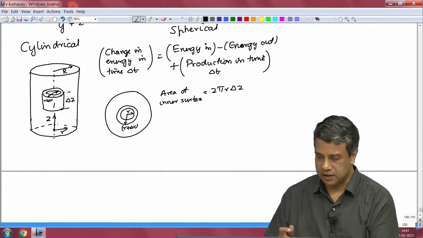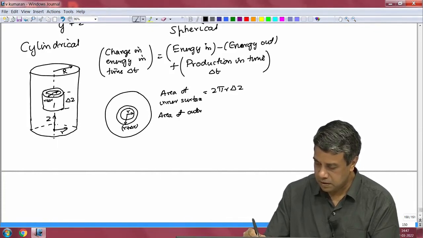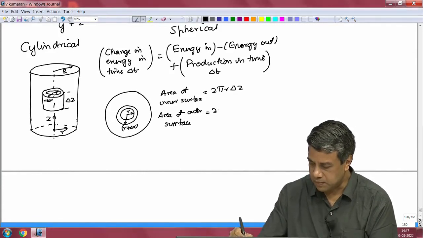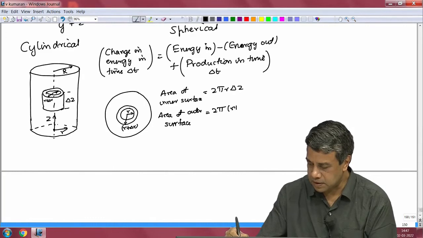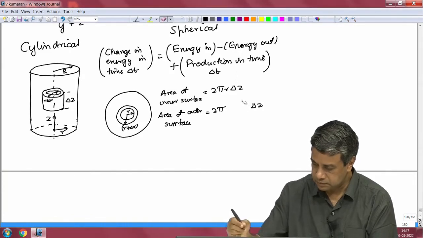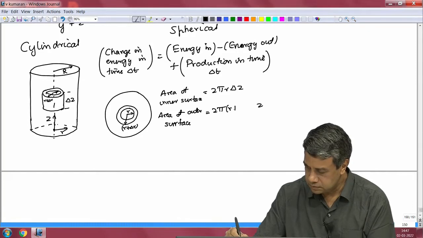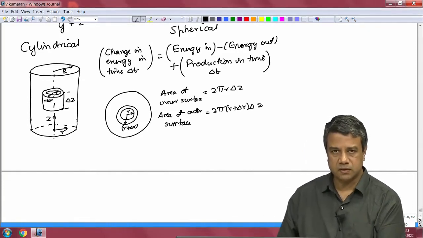The area of the outer surface is equal to 2 pi into r plus delta r times delta z. That is the surface area of the outer surface.